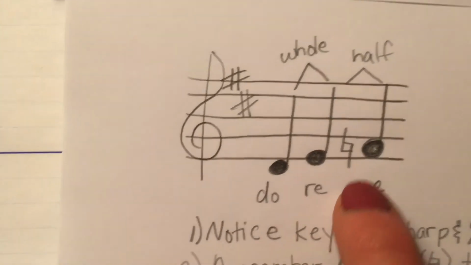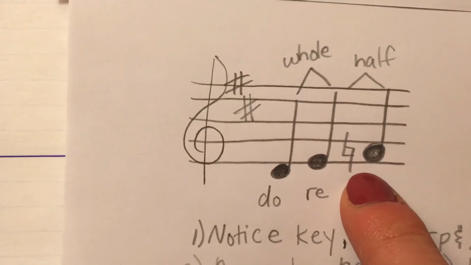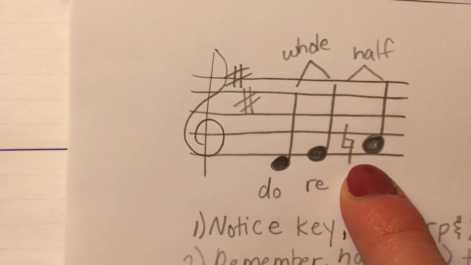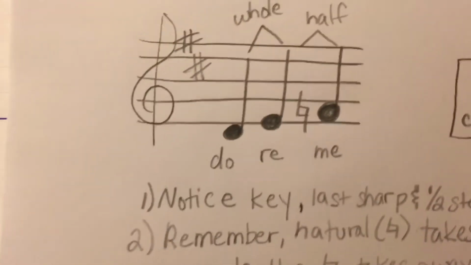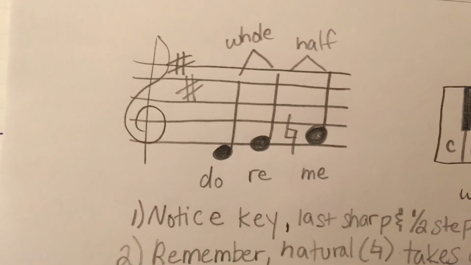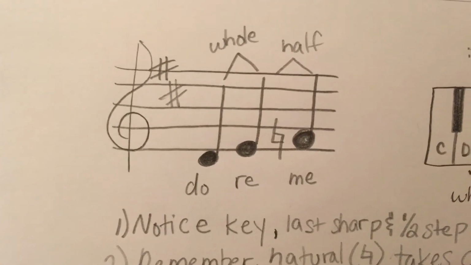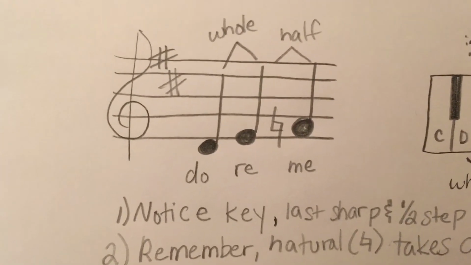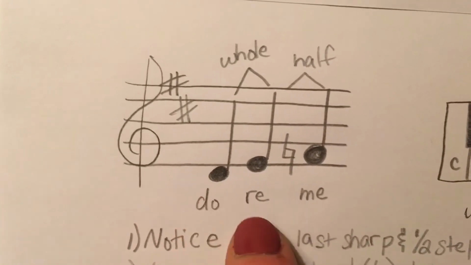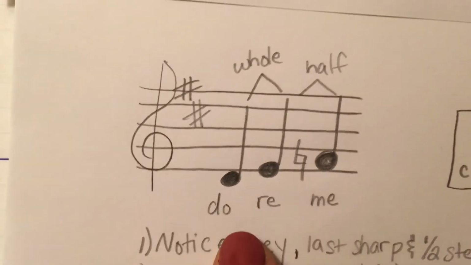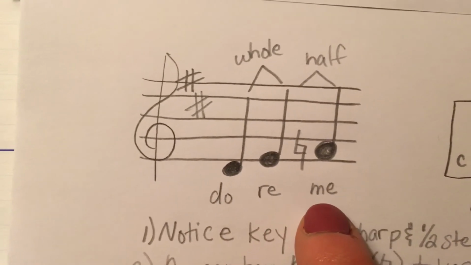So this now is F natural instead of F sharp. So remember, a sharp makes a note a half step higher. So when you take away the sharp, it will go down a half step. So instead of being do, re, mi, it'll be do, re, me.